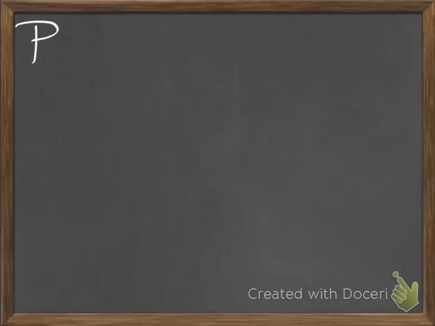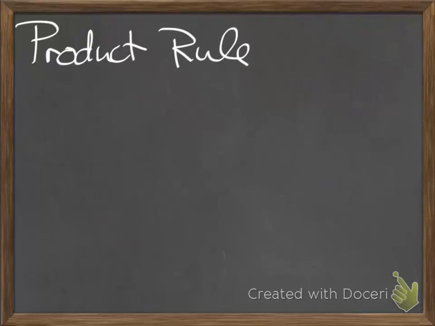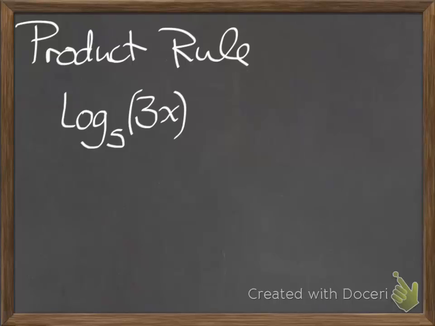The first rule is the product rule. Log base 5 of 3x. Is there something being multiplied in my parenthesis? Yes. 3 and x are being multiplied. We can separate them out.